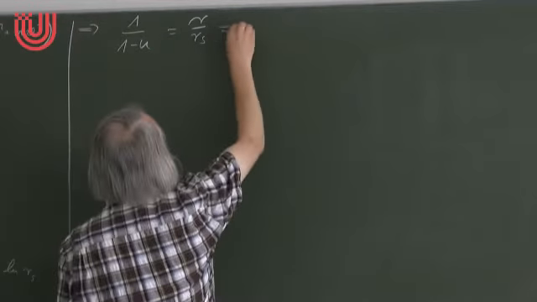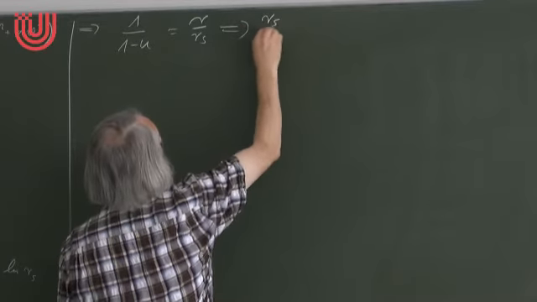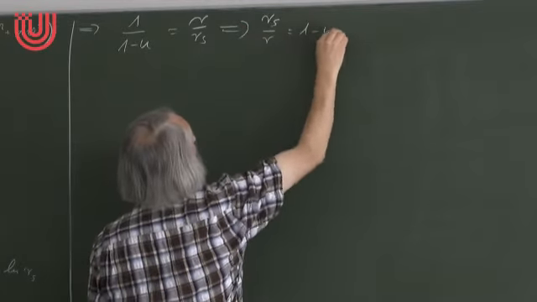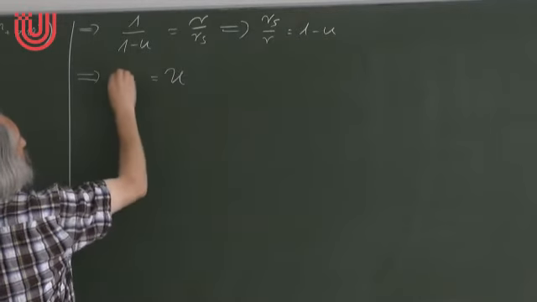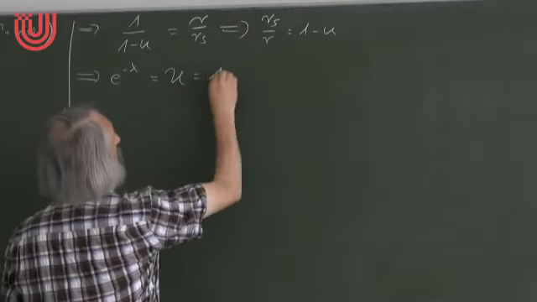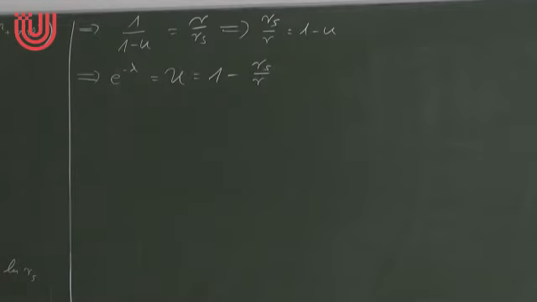Okay, can I solve this for you? I think I can. This is rs over r is 1 minus u. And this implies that u, and u was nothing else but e to the minus lambda, our unknown function, u is 1 minus rs over r. So that's the general solution to S4.